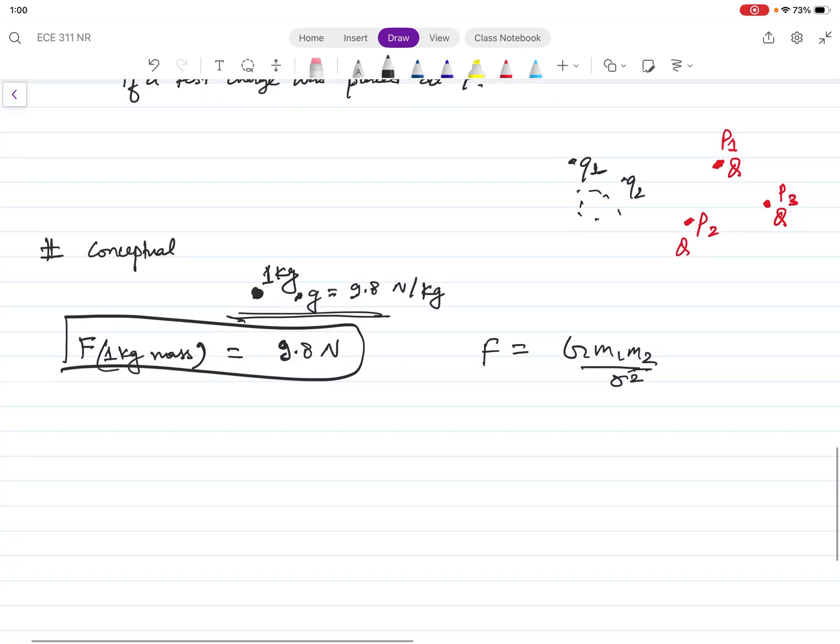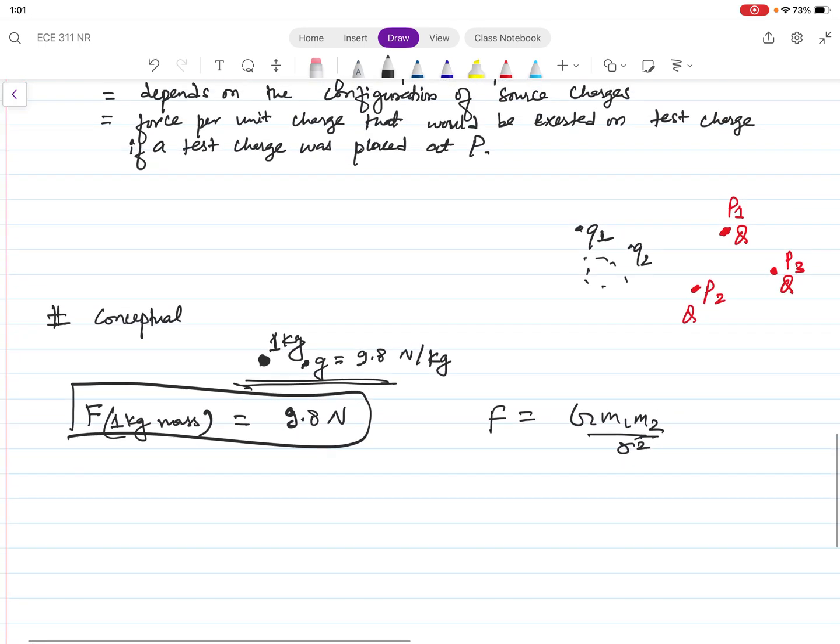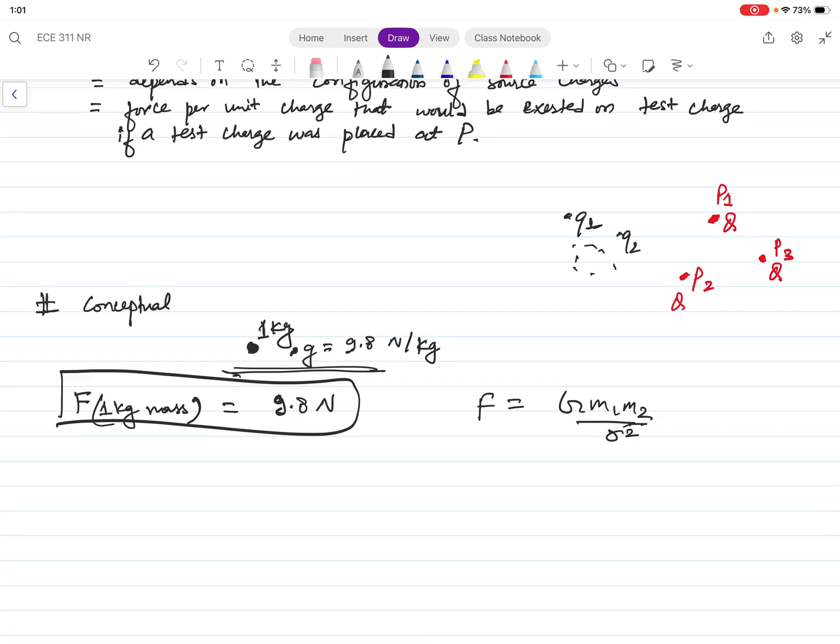Okay, so the field concept is almost the same. What we do is we determine what is the electric field produced by a given configuration of source charges, and once you get that, you have knowledge of the field. Okay, so the field strength E at this point, let's say this is point P4.